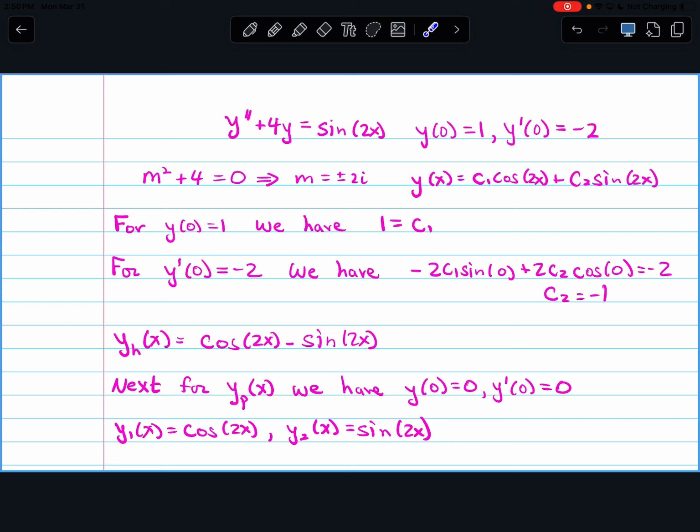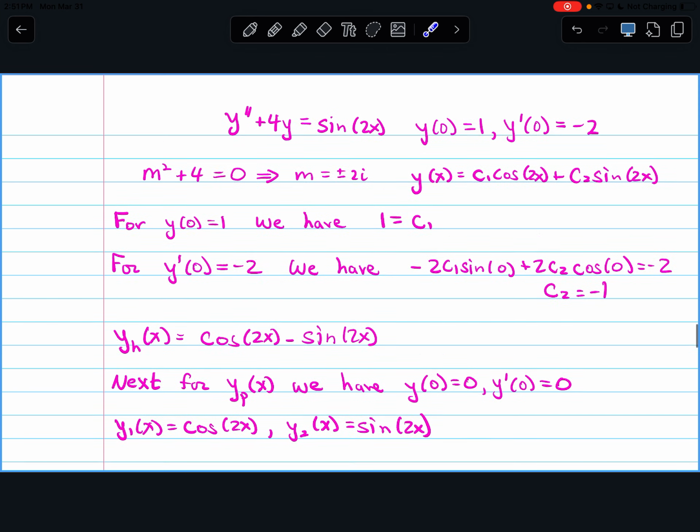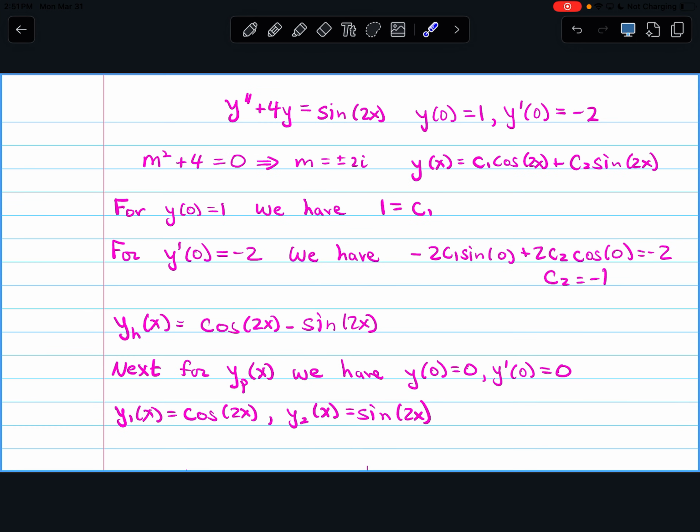Now what we're going to do is say, okay, for y of 0 equals 1, let's just put in a 0, and when we do that, we find that C1 equals 1. Then we say, let's try y prime, and we take the derivative, and then we plug in a 0, and we got negative 2.